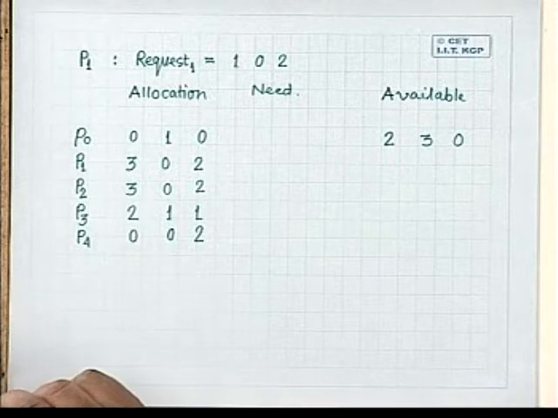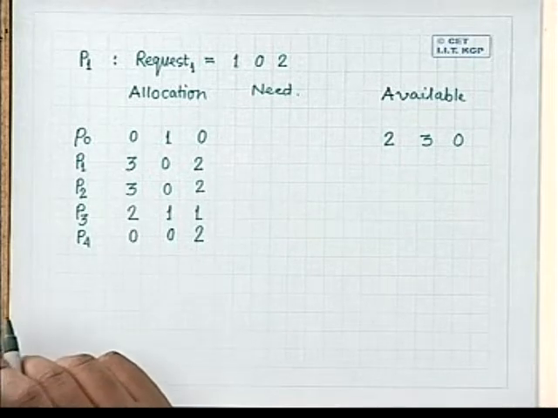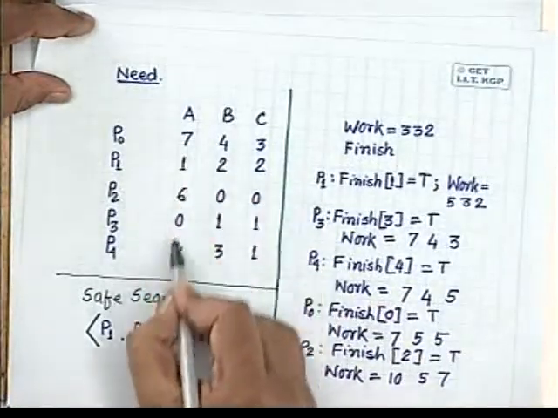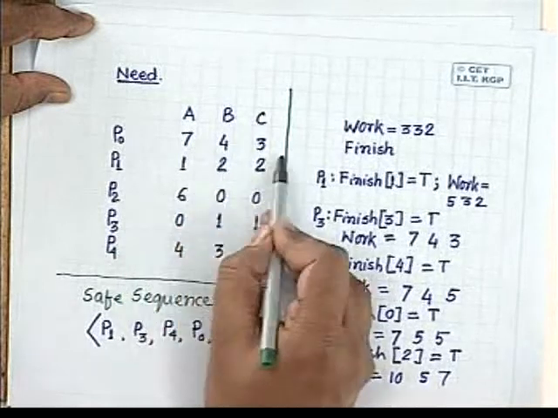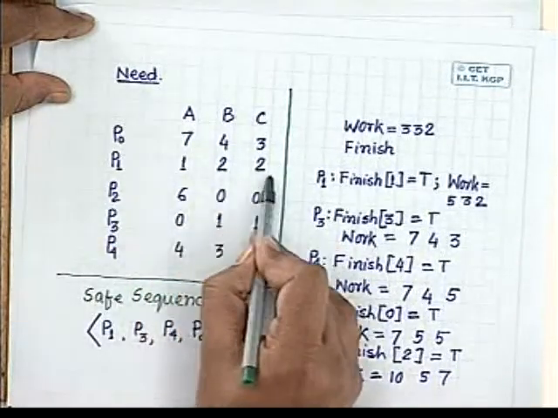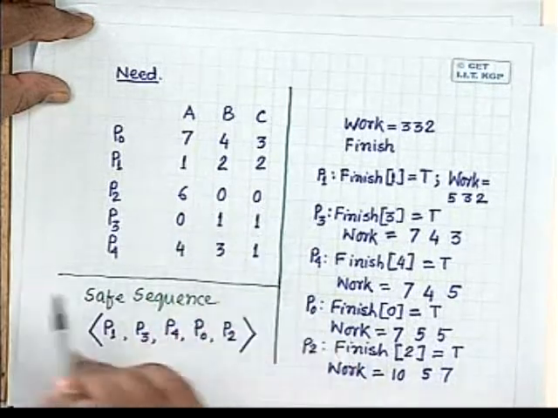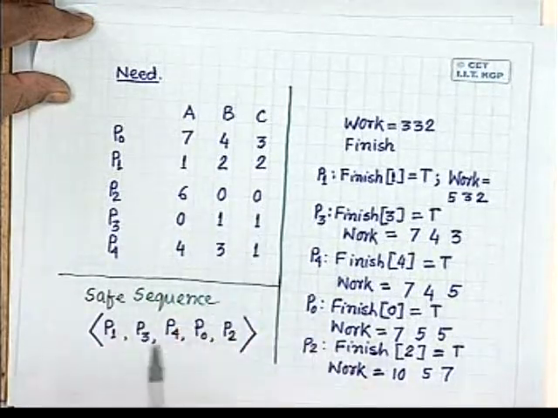Okay. The other data structure that is modified is need. So in our previous state, the need vector was something like this. For process P0, 7, 4, 3, for P1, 1, 2, 2, for P2, 6, 0, 0, for P3, 0, 1, 1, for P4, 4, 3, 1.